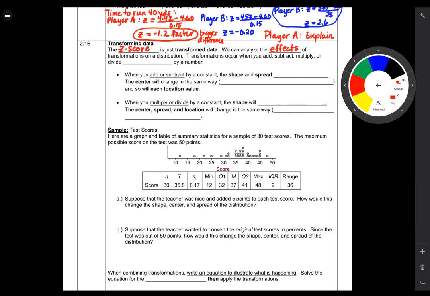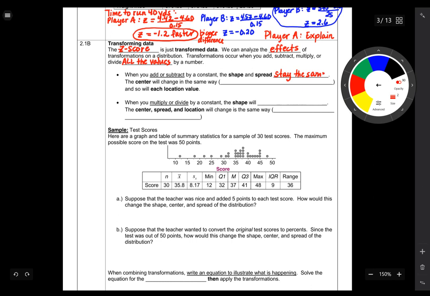So transformations occur when you add, subtract, multiply, or divide all the values by a number. When you add or subtract by a constant, the shape and spread stay the same. That makes sense.